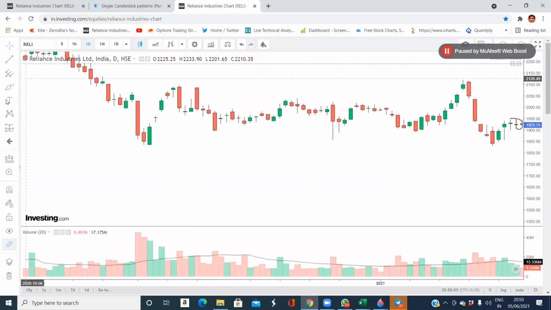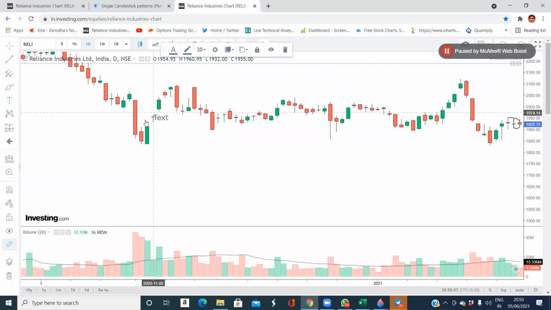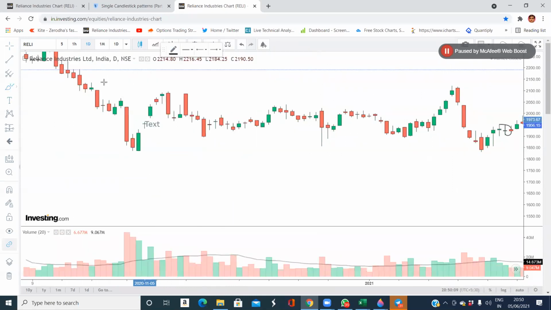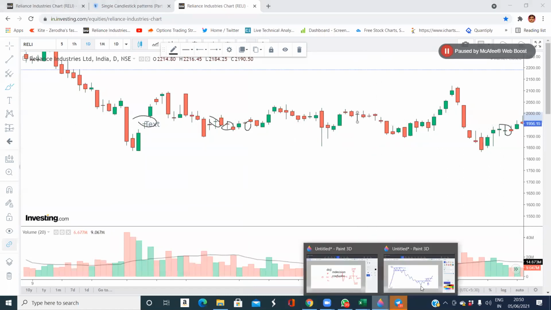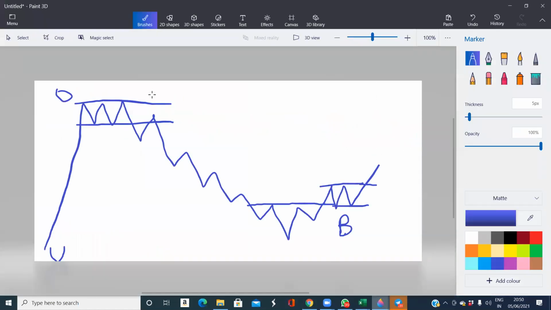Here also, and here also a doji candle. So many doji candles. This one doji, doji, doji. You will find a lot of this type of candle. So this is one of the candles called a doji candle.